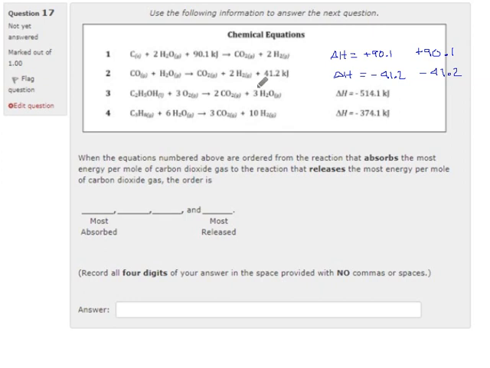Negative 514.1 divided by 2 moles of carbon dioxide gives us minus 257.1 kilojoules per mole of CO2. And for the last one, we divide by 3 and we get minus 124.7 kilojoules per mole of carbon dioxide. Fair enough?